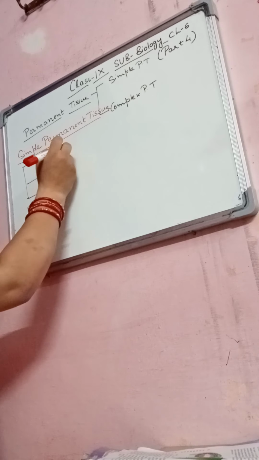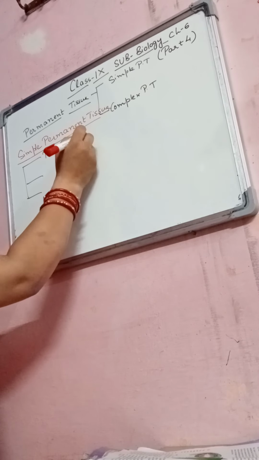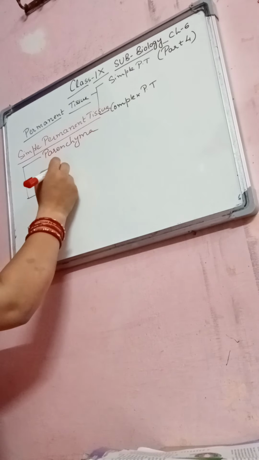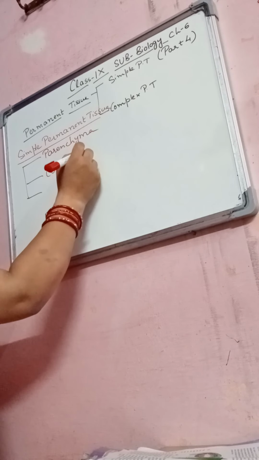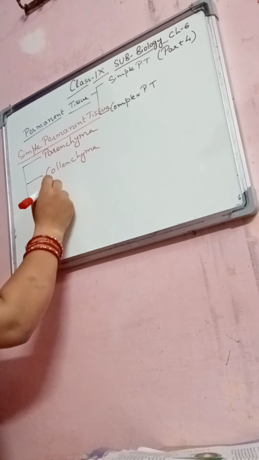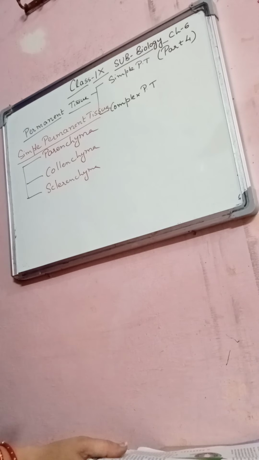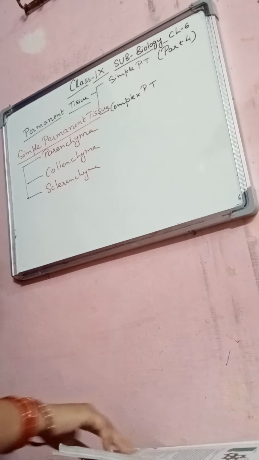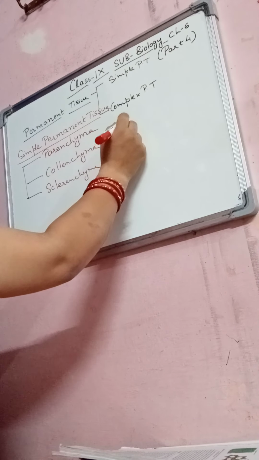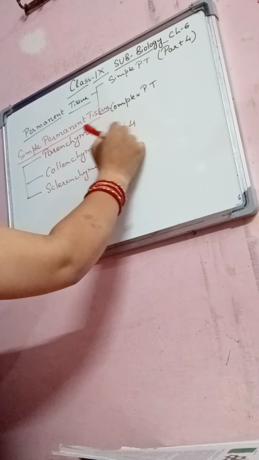Parenchyma, collenchyma and sclerenchyma. Right, students? On page number 71, figure 6.4, the diagram of various types of simple tissues is given.